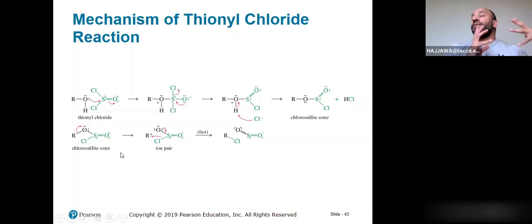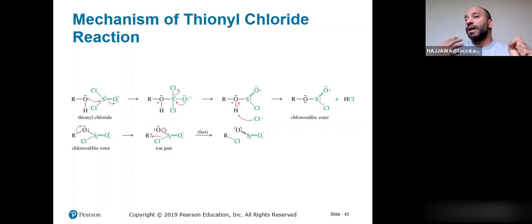But sometimes, if I have a secondary alcohol and a crowded carbon that's preventing the Cl minus from attacking it, it may go through the carbocation formation first and then wait for the Cl minus to attack the R to give you the alkyl chloride. But in most cases, it's an SN2 pathway, whether I use PX3 or thionyl chloride.